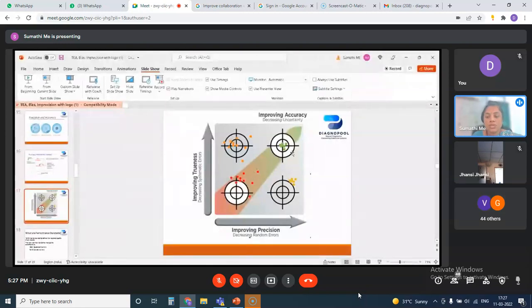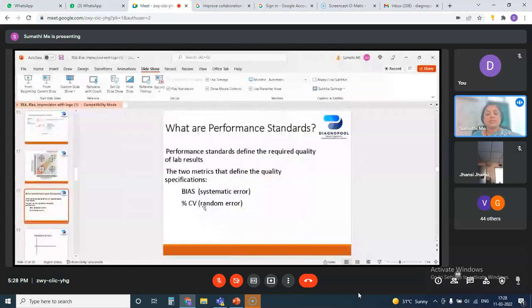In order to achieve this, we need to decrease the random errors as well as systematic errors, which are part of the analytical process. So we have now understood what precision is and how it is captured, and what accuracy is and how it is captured.